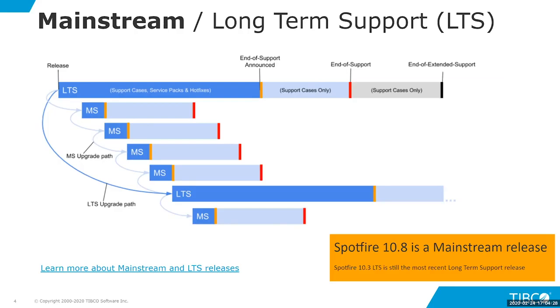You may be aware that we have shared the policy that we would try to have 12 to 18 months between the Spotfire LTS releases, and Spotfire 10.3 was released in May last year. So sometime between May and November is the plan for the next Spotfire LTS release, though it's not exactly decided at this point in time.